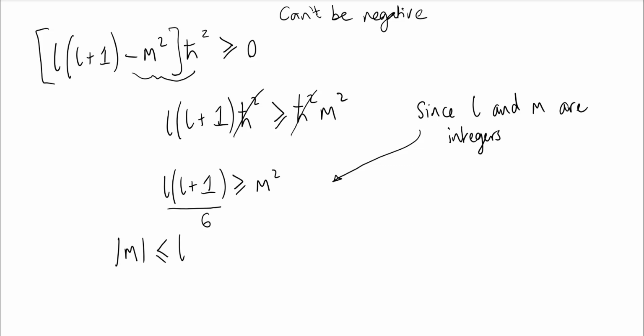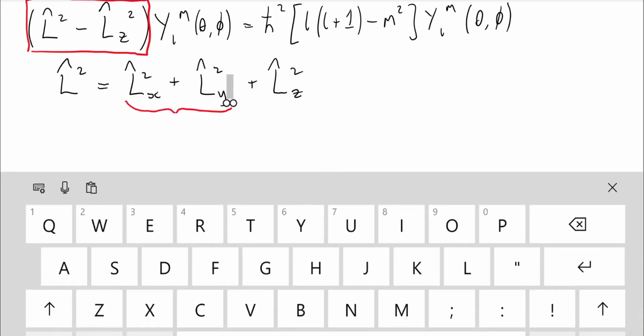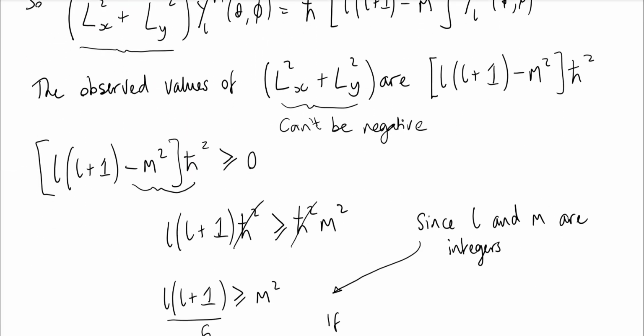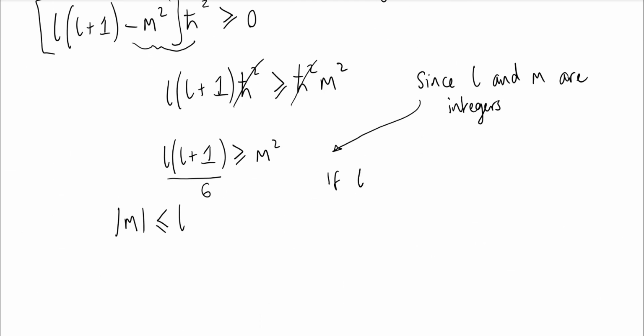So if L equals 2 and m equals 3, we'd find that clearly 6 would be greater than or equal to 9, and that's not true. Okay, so that's incorrect.